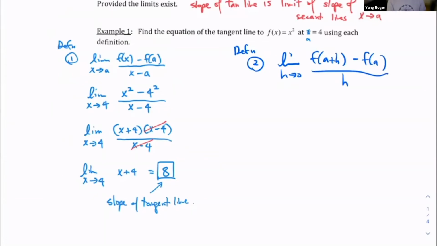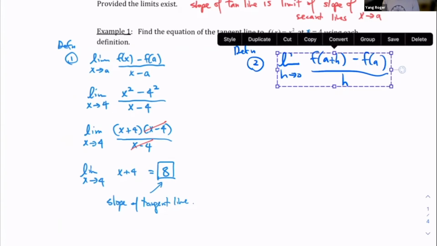And then all I have to do is substitute, right? In this particular case, my a is going to be 4. So let me just copy this down here.